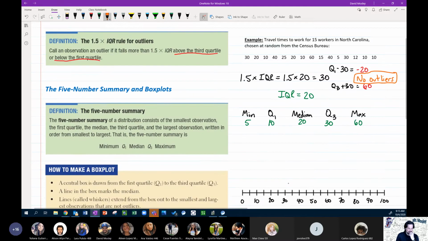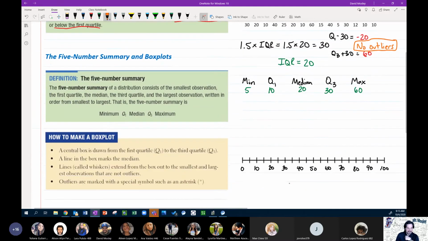Okay. Our last thing here is we're going to make a box plot, which again, you may have seen in the past. And we're going to use the same set of data. My number line is much larger than we need. That's okay. That's how I like to make my box plots.